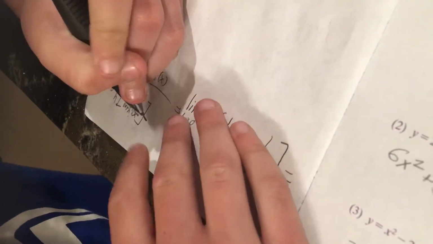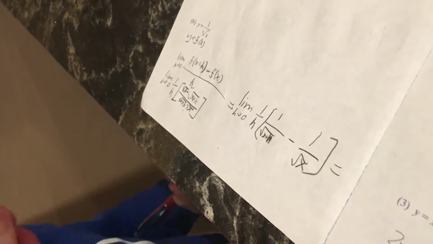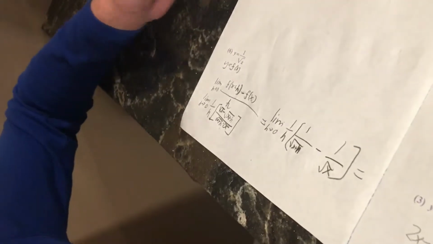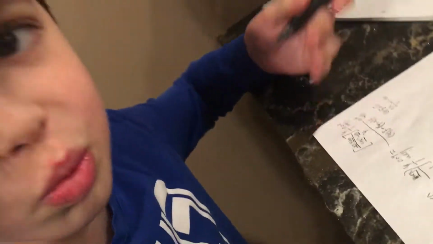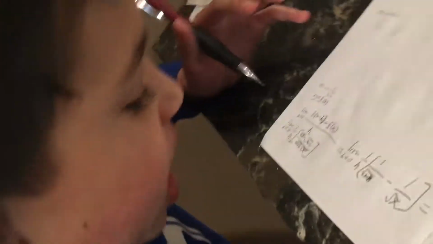And eventually from a rule of square roots, we necessarily don't have to expand this. We could, and if we do, we get the same answer. But let's do something else.